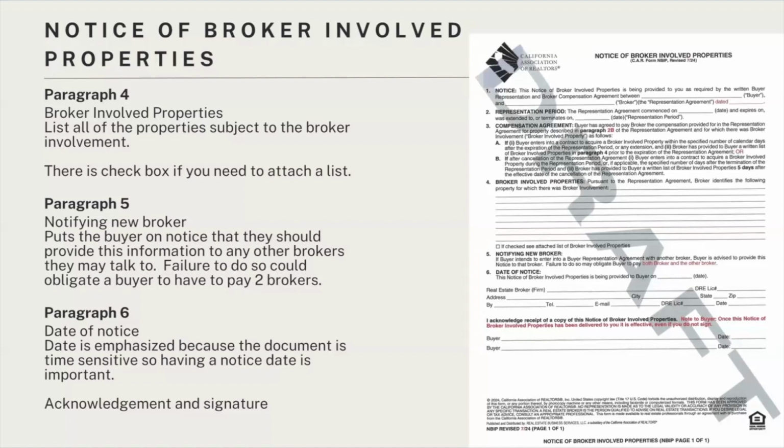If you sign a listing agreement, exclusive listing agreement, or a listing agreement with 2 parties, the seller has that potential liability. Paragraph 6, the date of the notice. So the date is emphasized because the document is time sensitive. So having the notice date is important. And then lastly, for this document, the acknowledgement and signature of the document.